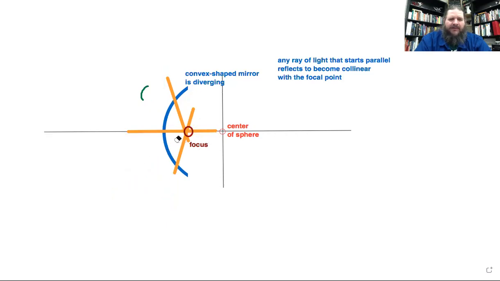every path light takes is reversible. So if you have a ray of light that's coming in towards the focal point, even if it never actually gets there, here's a ray of light that starts off along the same line as the focal point. What's going to happen to that ray of light when it hits the mirror?